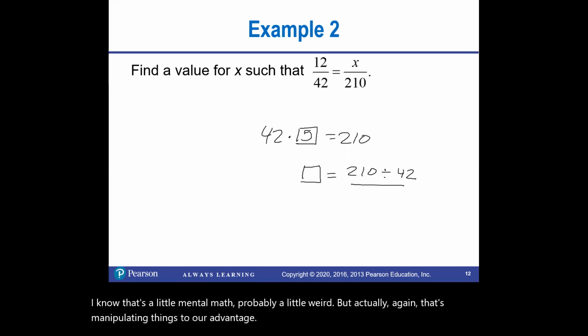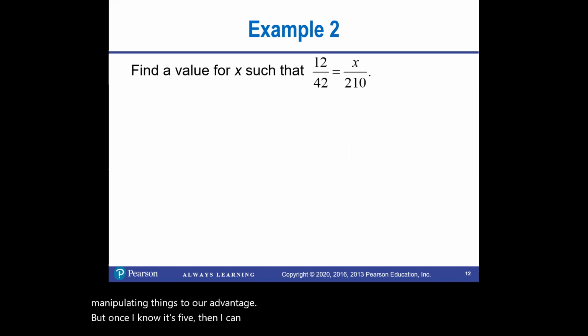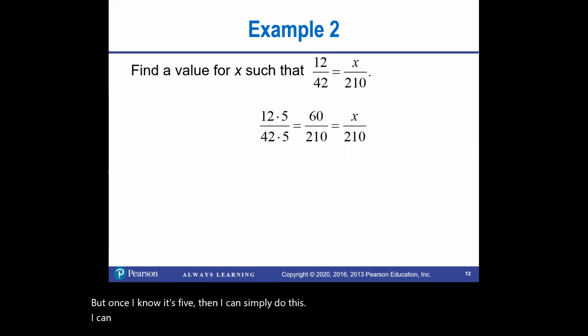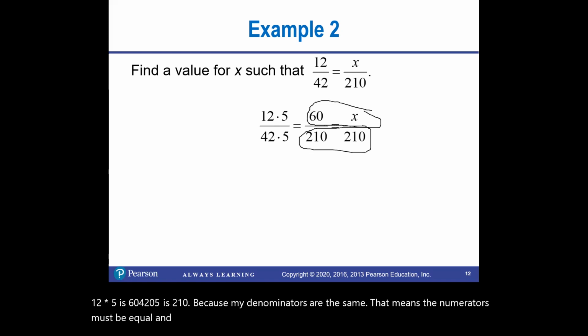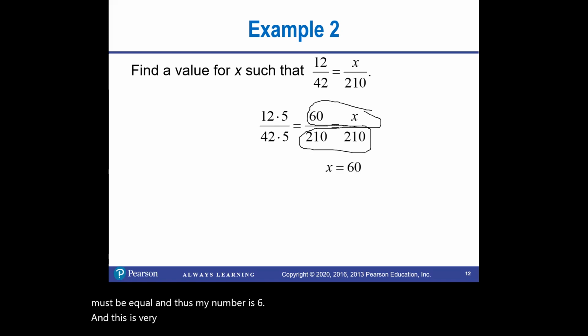Once I know it's 5, then I can simply say, well, 12 times 5 is 60, 42 times 5 is 210. Because my denominators are the same, that means the numerators must be equal, and thus my number is 60. And this is very useful to help us manipulate and change functions.